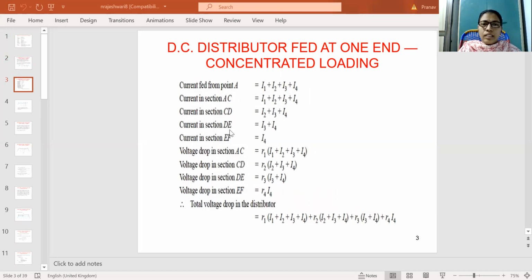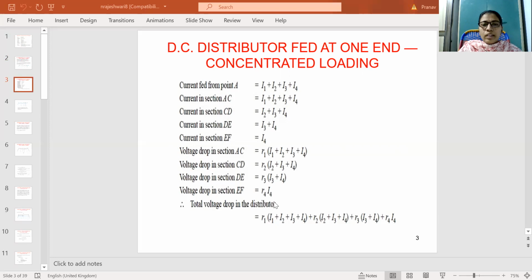The current in section DE is I3 plus I4, and the current in section EF is equal to I4. The voltage drop in section AC is R1 times (I1 plus I2 plus I3 plus I4), in section CD it is R2 into (I2 plus I3 plus I4), in section DE it is R3 into (I3 plus I4), and the voltage drop in section EF is R4 into I4.